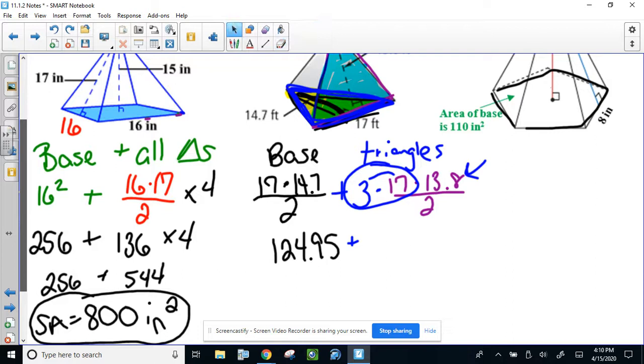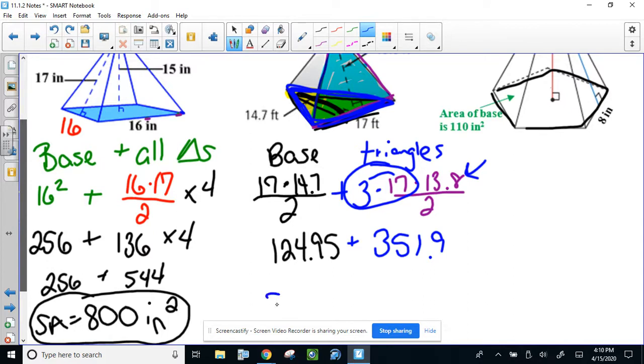And I get 351.9. Now I can add those 2 numbers together, and that's going to give me my surface area, which is 476.85 feet squared.